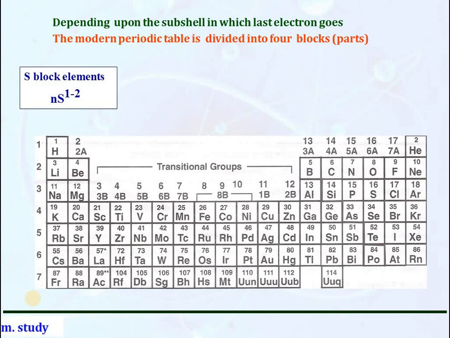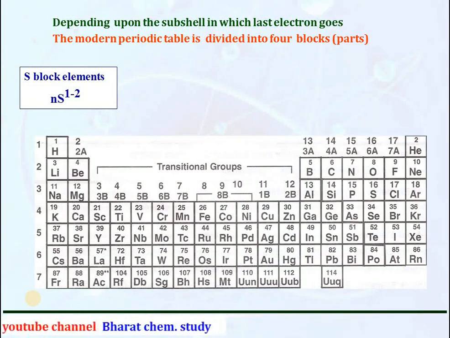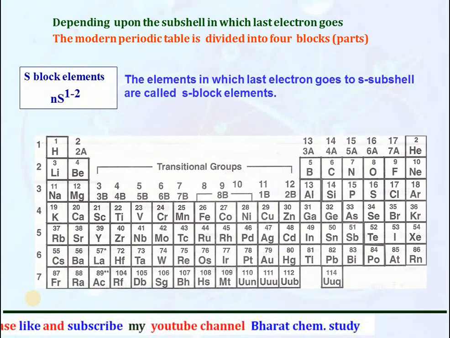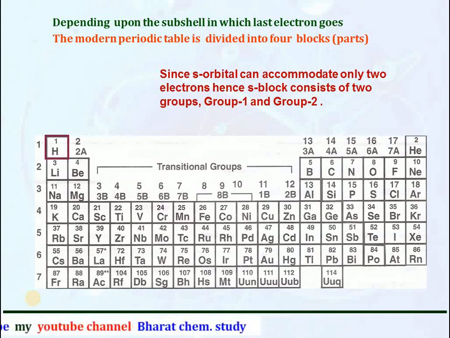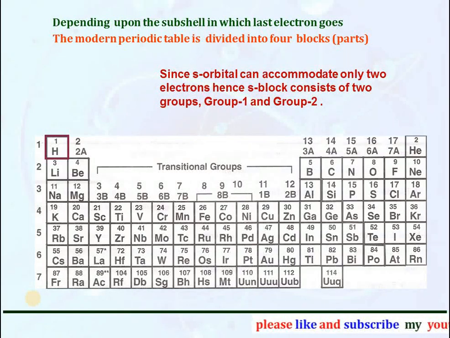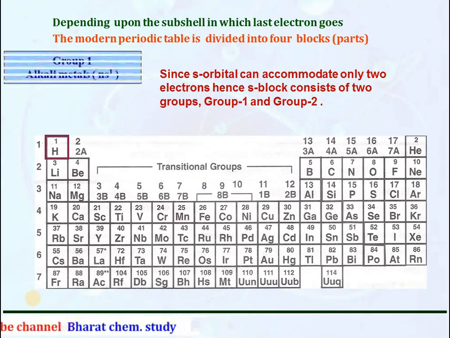First part is the s block elements, having general electronic configuration ns1 to 2, where n is the number of the period. The elements in which the last electron goes to the s subshell are called s block elements. Since the s orbital can accommodate only 2 electrons, the s block consists of 2 groups, group 1 and group 2.